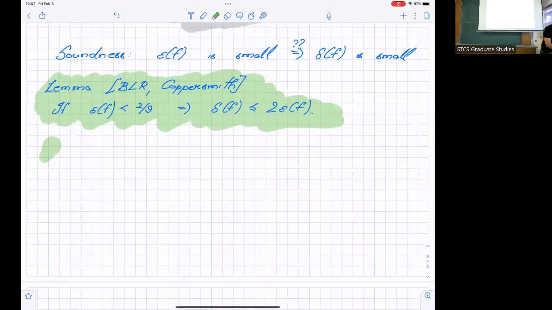If you haven't seen this proof, this is one of these magical self-correction proofs. The way the proof will go is we'll take the function f and self-correct it. We come up with another function phi, which is a self-corrected function.